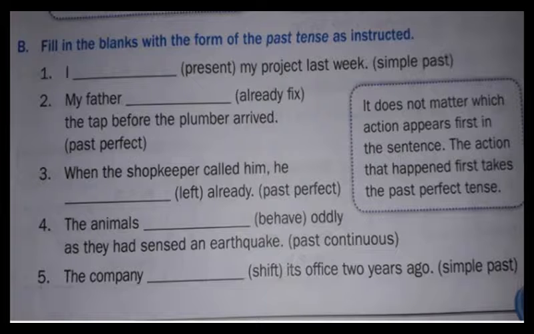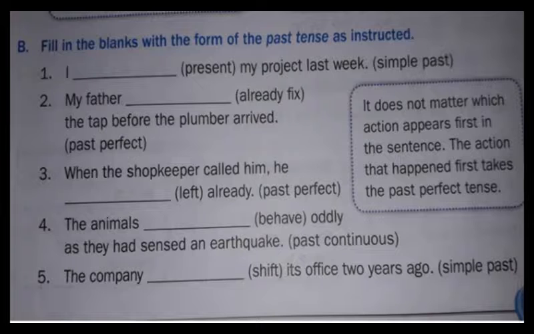Then the second question: My father dash the tap before the plumber arrived. So the verb is fix and the tense that you have to use here is past perfect. So my father had already fixed the tap before the plumber arrived.